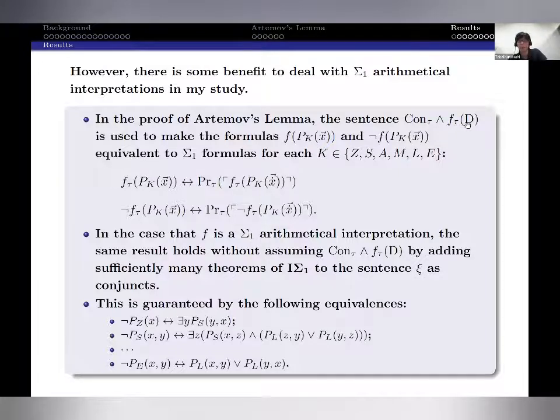This is why, in this statement of Artemov's lemma, this sentence is in the assumption.